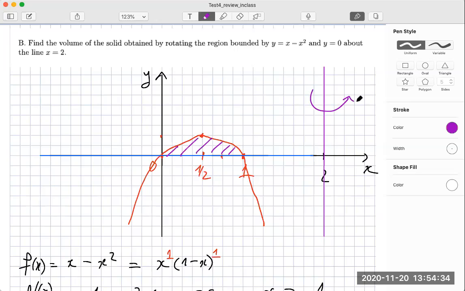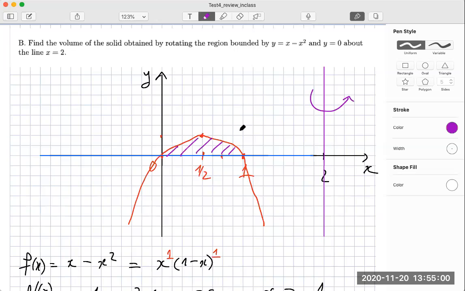So if it is rotated this way, the region is like this, right? And the axis x equal to 2 is here, it is rotated about the axis x equal to 2.